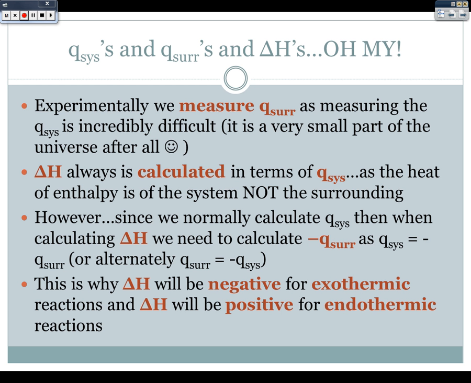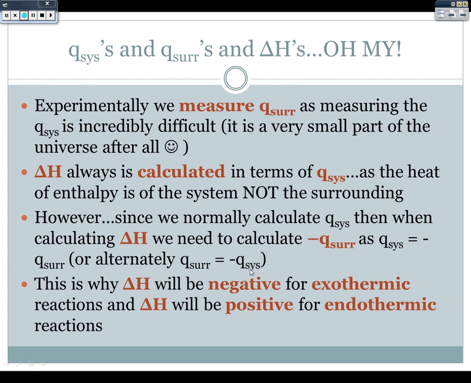This is why delta H is going to be negative for exothermic reactions and delta H is positive for endothermic reactions, because we measure the delta H of surroundings. So when something gives off heat, our change in temperature is positive, giving us a positive Q surroundings, but it's an exothermic reaction, so delta H is negative Q surroundings, so negative of a positive is negative.